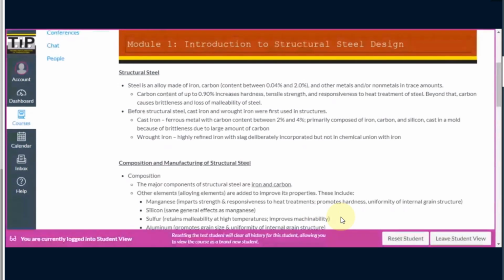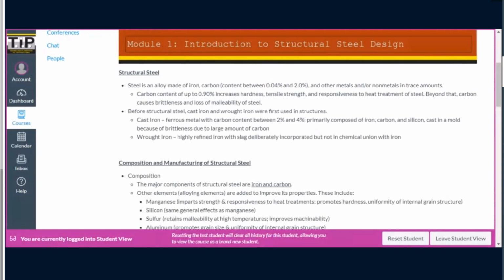So before steel is used, there are two other types of iron that they used in structures. We have cast iron and we have wrought iron. So cast iron is a ferrous metal. When we say ferrous, it contains iron. Cast iron is a ferrous metal with carbon content between 2 and 4%, so it is beyond what we use today.